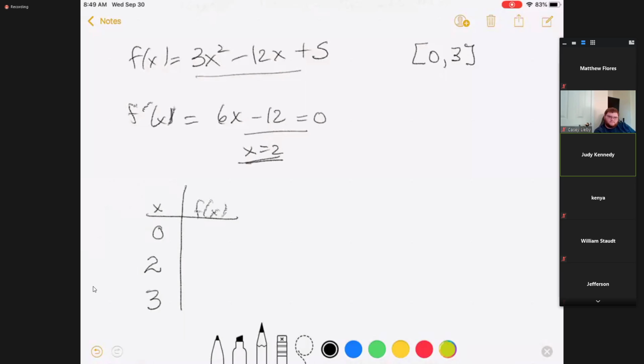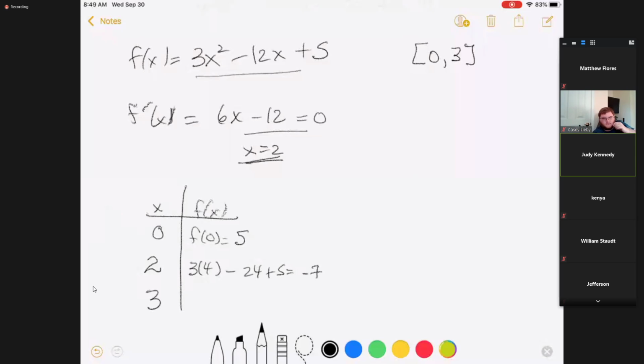And then, okay, so what's f of 0? F of 0, and don't put it in the derivative, put it in the original function, is 5. F of 2 would be 3 times 4 minus 12 times 2 plus 5. 12 minus 24 is minus 12, plus 5 is minus 7.